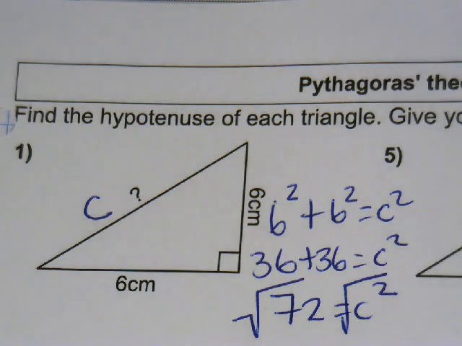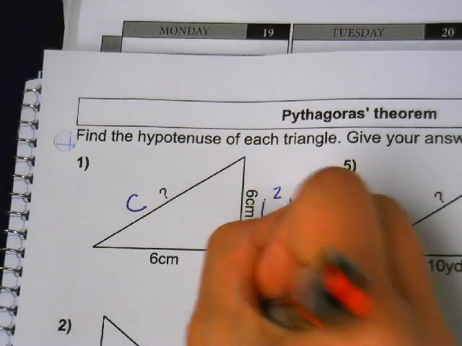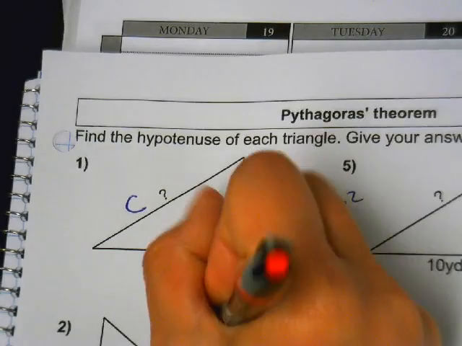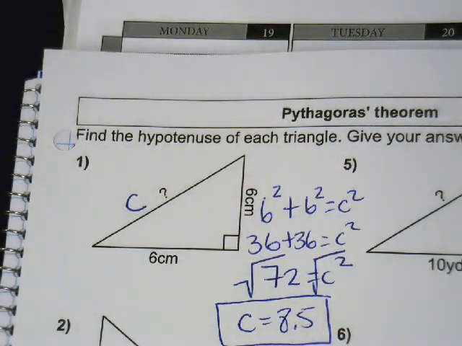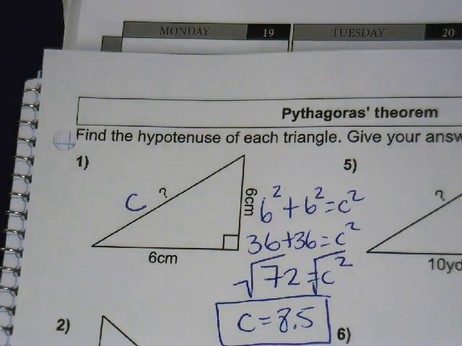I want to round to the nearest tenth. So what does the 8 tell the 4 to do? Go up. So what's the answer that Miss J and I are going to check? 8.5. So C equals 8.5. I'm going to put a box around it so it's easy for us to grade later on. Any questions?